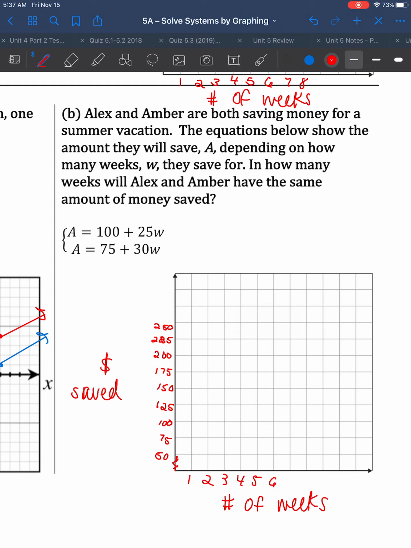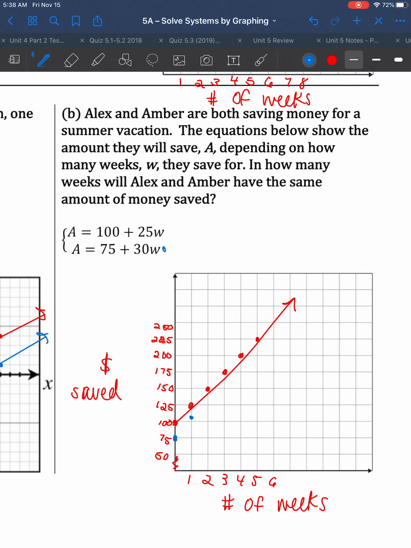Okay, so first equation, I'm starting up at 100 and going up $25 a week. Okay, so there would be my first line. Second line, I start at 75 and go up $30 a week. So 75, that would bring me to 105. Okay, since it's not on an exact line, you really need to remember what your points are, so you can just add.